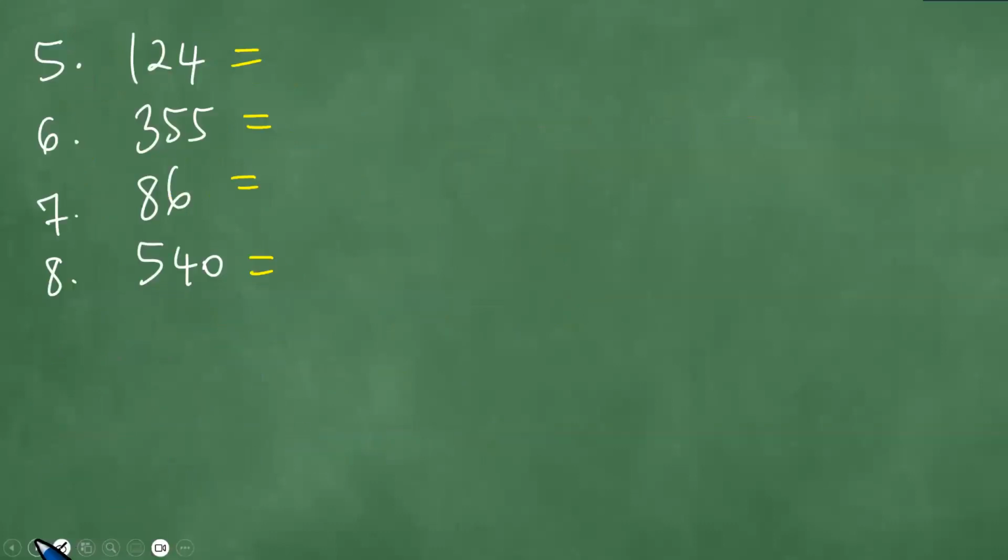Okay, so 124 is split into what? Is equal to what if we break it down? What do you think, Mpile? 124 is 100 plus 20 plus 4.